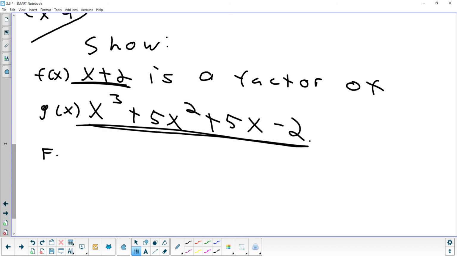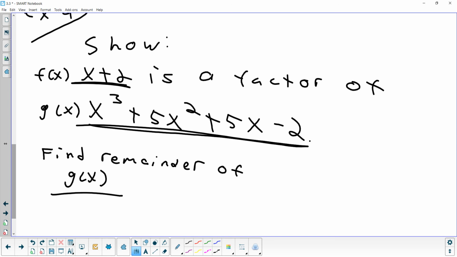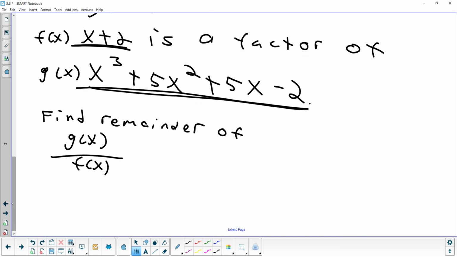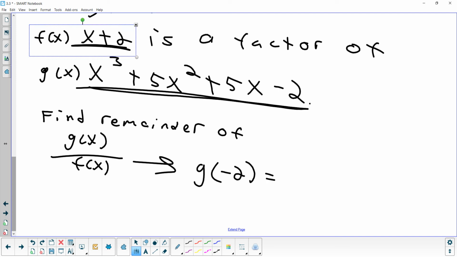So let's find, basically doing what we just did, the remainder of g of x divided by f of x. If it comes out to 0, then x plus 2 is a factor. Okay, so to do that, we need to find g of what Leilani just said, negative 2.